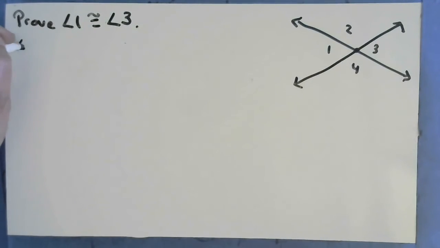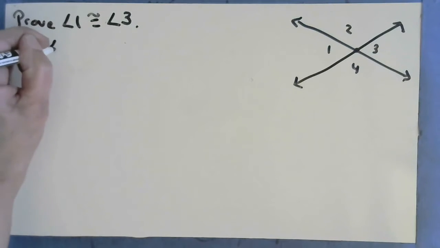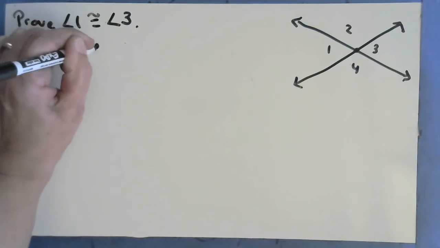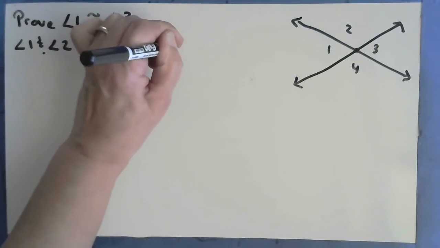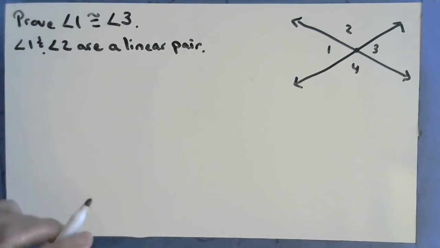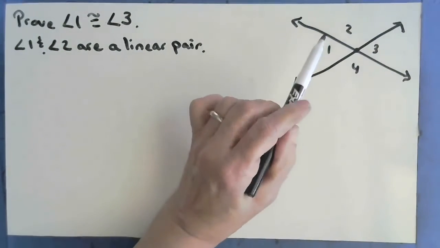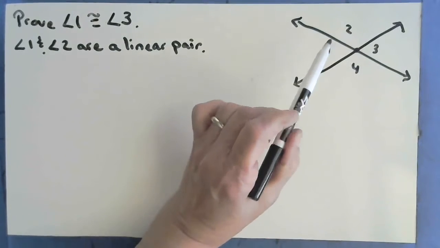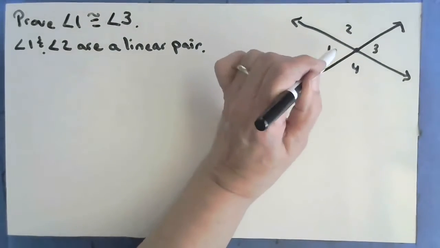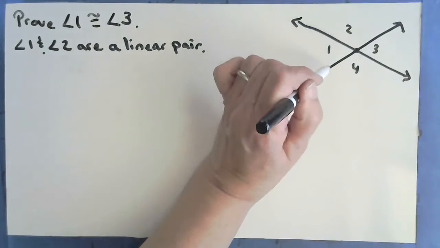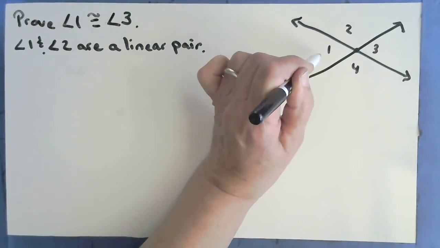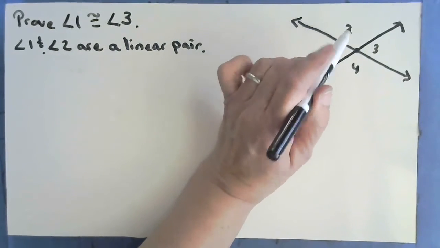So we write down angle 1 and angle 2 are a linear pair. And because they're a linear pair, the two angles, the measures together, form a straight angle, which means that angles 1 and 2 are supplementary.